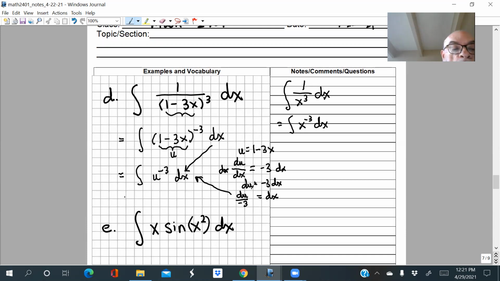Just a historical note here. This is not Newton that I think learned this trick. I think this is a mathematician named Leibniz, who was French or worked in France, and he's also one of the founders of calculus.